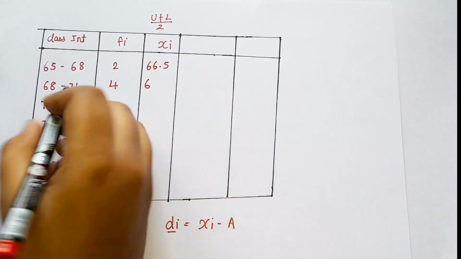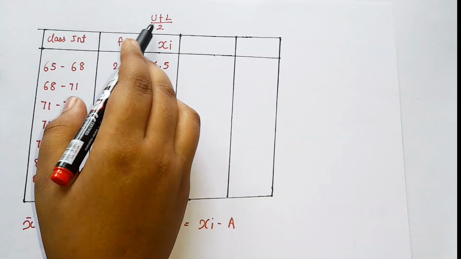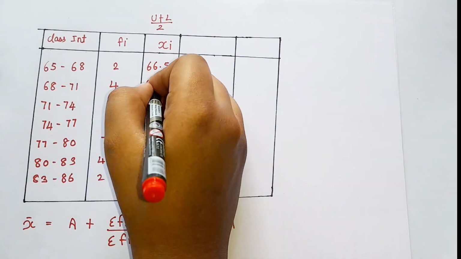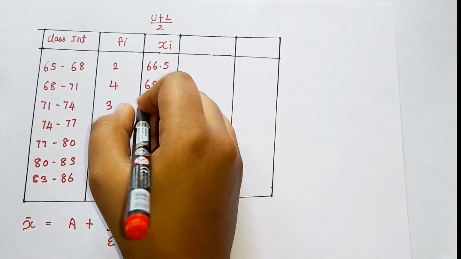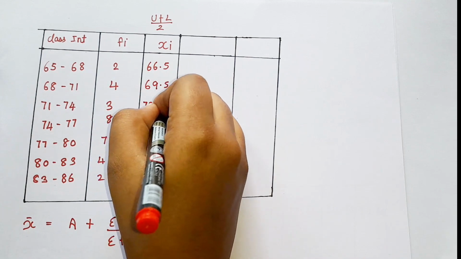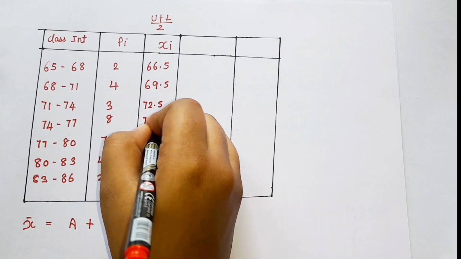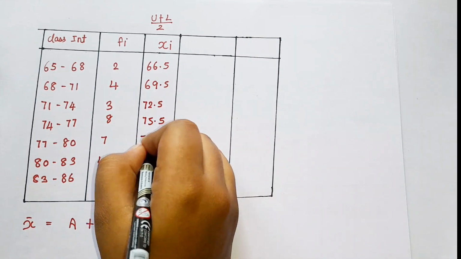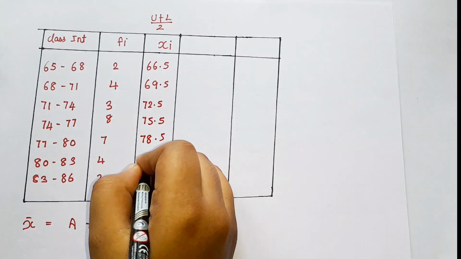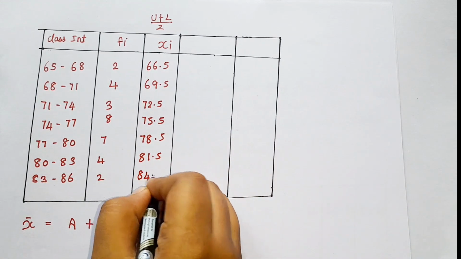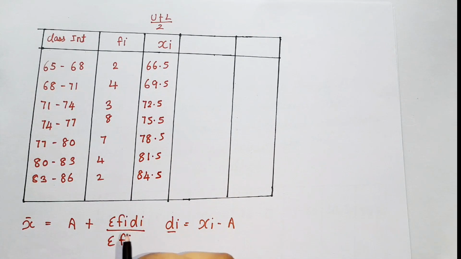And then when we apply upper limit plus lower limit divided by 2, we'll get 69.5. And here we'll get 72.5. And then we'll get 75.5, and here we'll get 78.5 and 81.5 and 84.5. Okay, so like this we'll get the xi value.